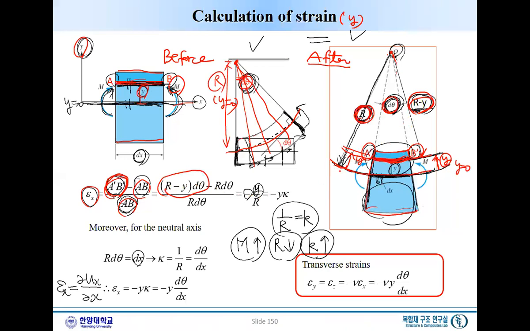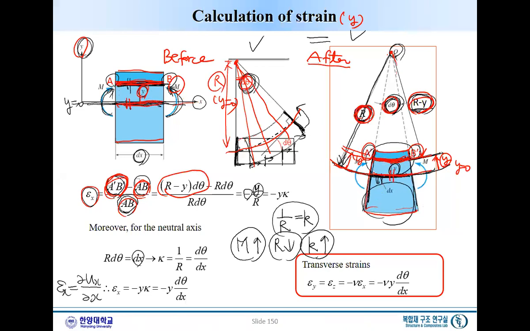And another one is AB before deformation. Before deformation, the length is this one, right? But how can we represent this AB in terms of R? Well, this one is simply the same as that one, because this line does not extend or contract.